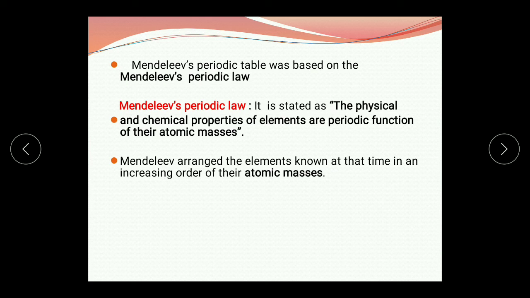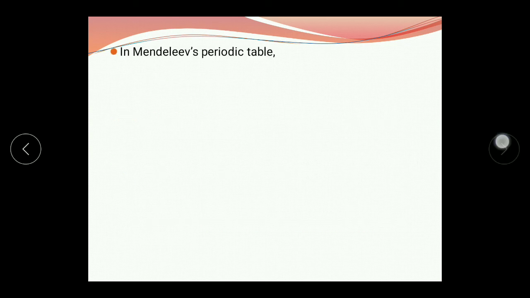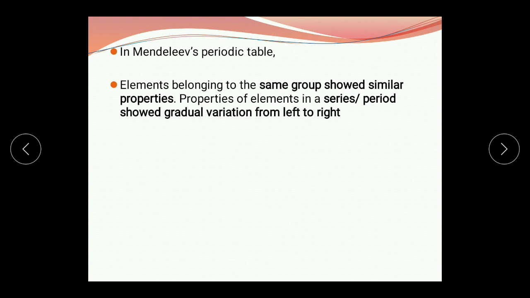Understood? He prepared a horizontal row by keeping the elements in the increasing order of their atomic masses, and then he folded that list such that elements with similar property will come one below another in a vertical column. He called it a group. In short, in his periodic table, elements belonging to the same group showed similar properties.